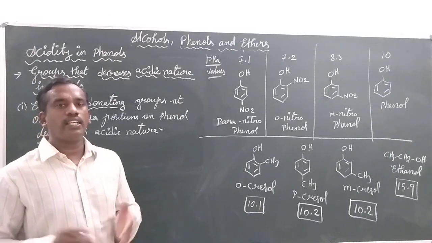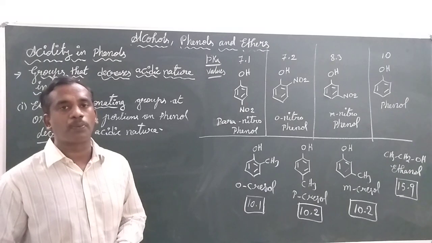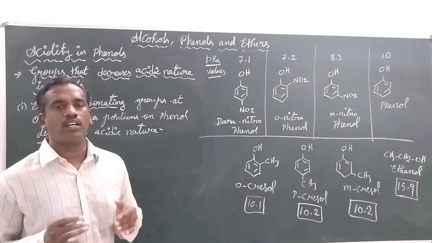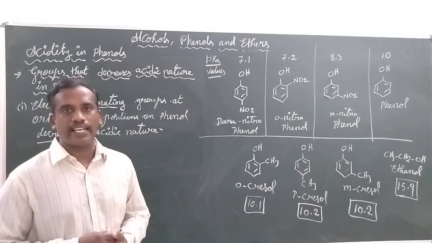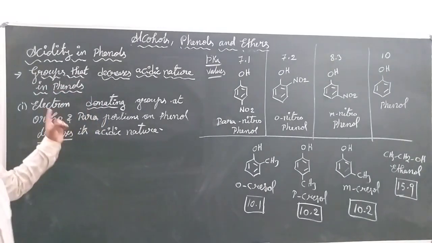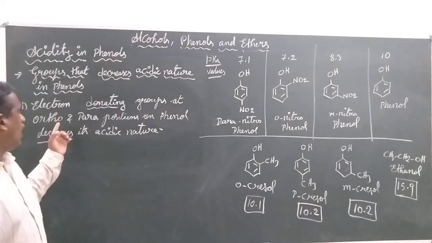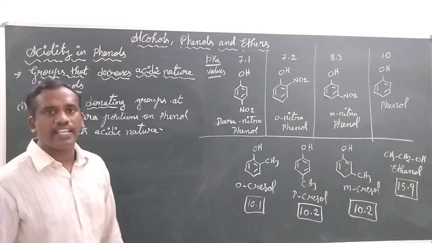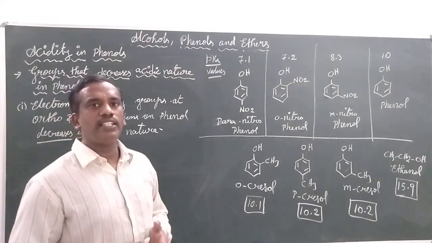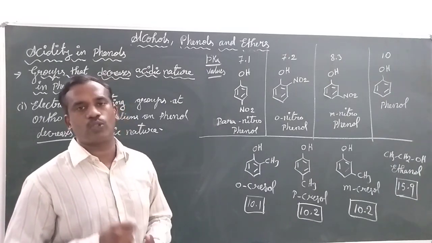So when the electron donating groups increase on the phenol, its acidic nature decreases. The electron donating groups at ortho and para positions on phenol decrease the acidic nature.